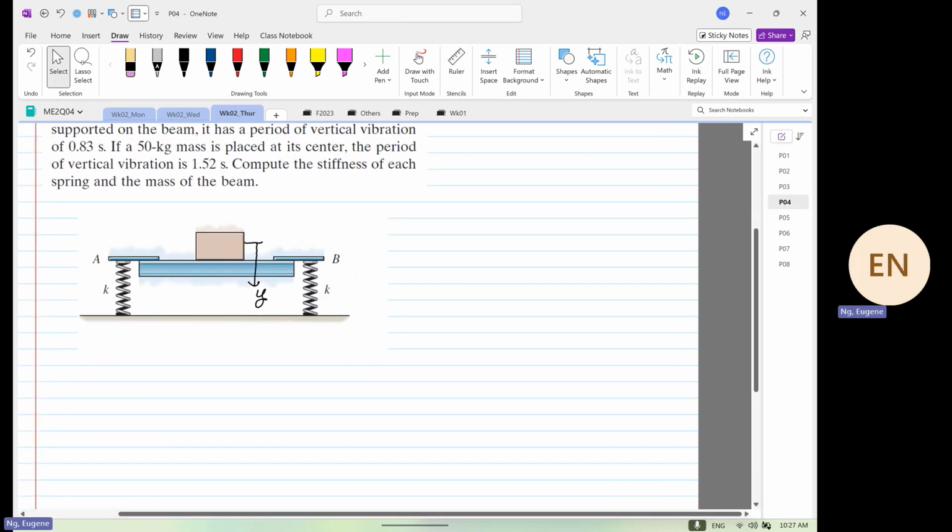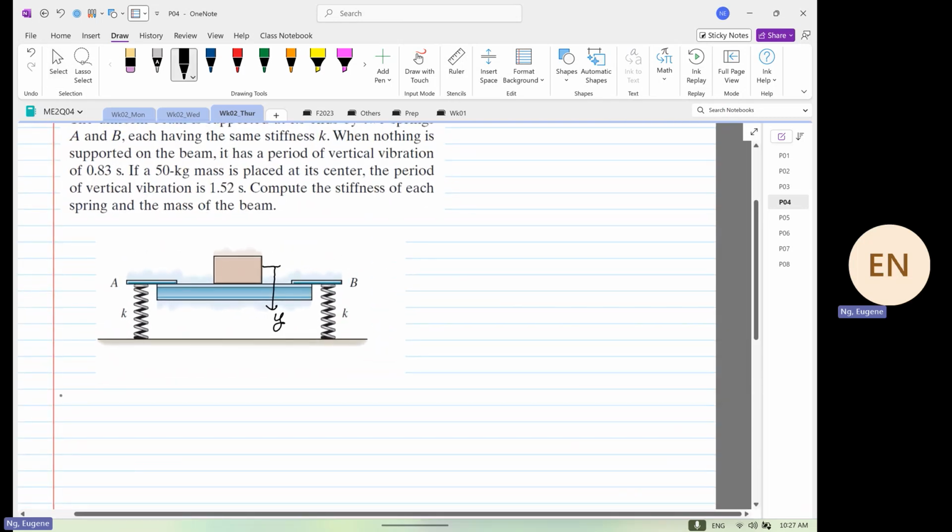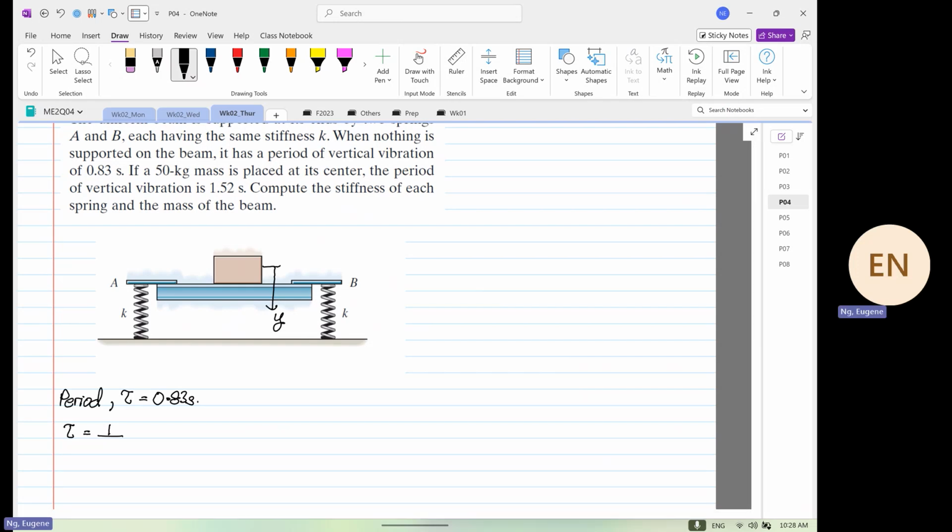Okay, so we are given that the period, which is tau, that's the symbol for period, is equal to 0.83 seconds. Okay. And if we look at tau, it's equal to 1 over what? Am I right? 1 over omega n.